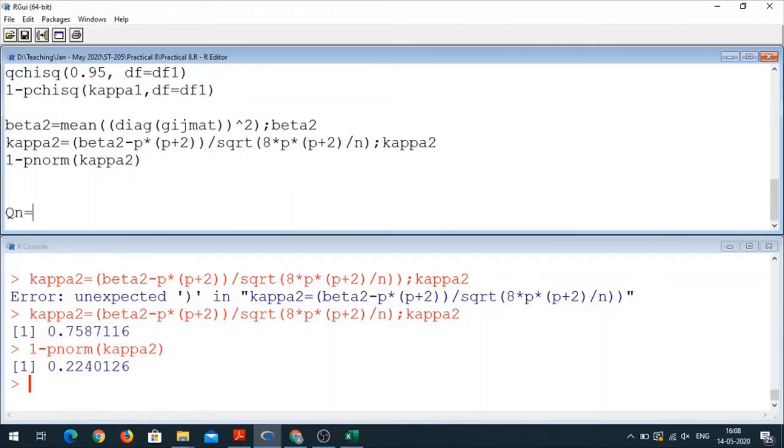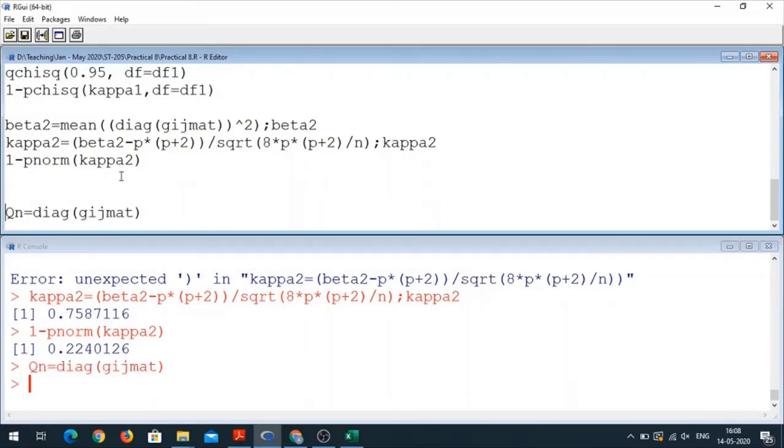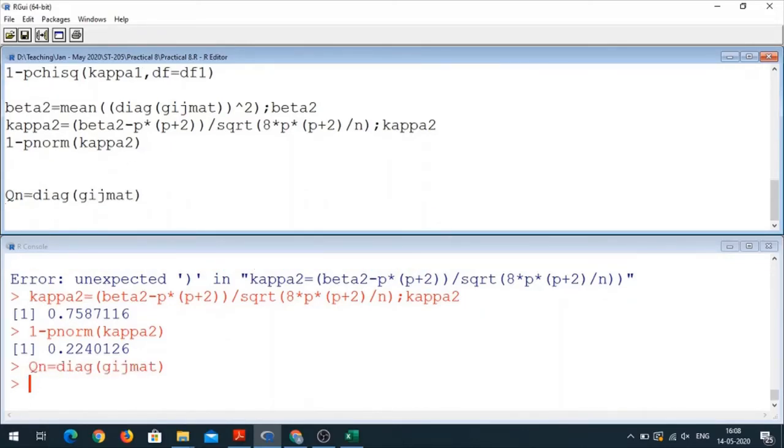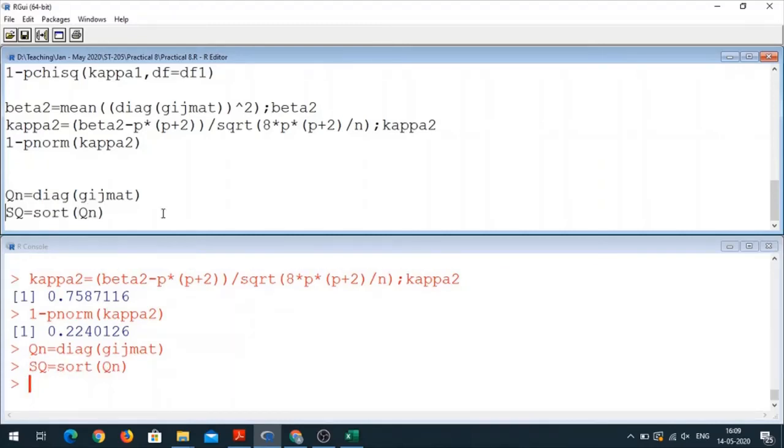So let me call Qn as diagonal of Gij mat. And if I order them, that would give me my sample quantiles. So SQ is sort of Qn. The sorted values are nothing but sample quantiles.